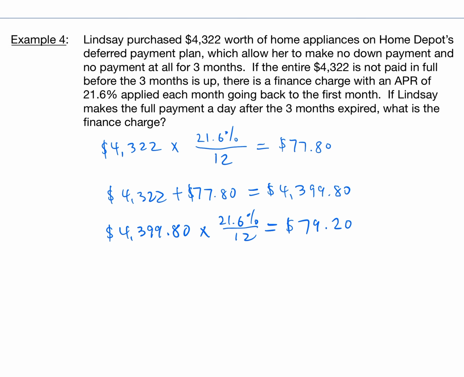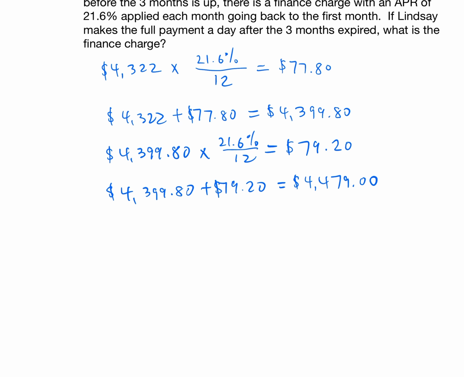So now we're going to tack this amount onto the $4,399.80. And when we do, this works out to $4,479.00. Okay, so that is how much she will owe at the end of month two.